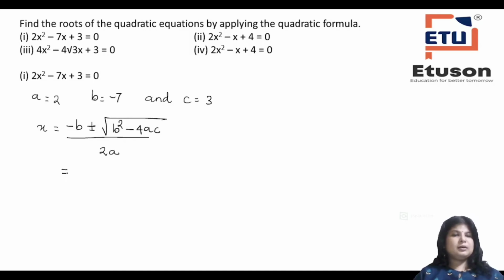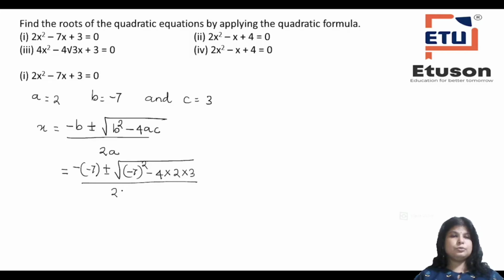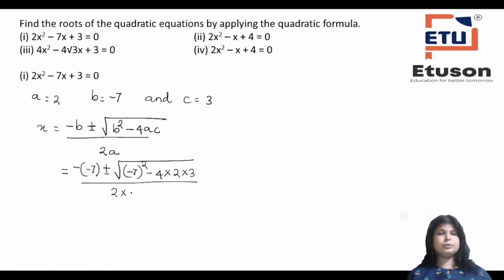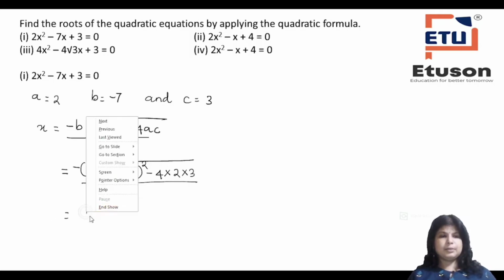Now let us replace b, a and c with the corresponding values. For b it is minus 7. So minus of minus 7 plus or minus square root of b square, that is minus 7 whole square, minus 4 into 2 into 3, divided by 2 into 2, right? So minus into minus 7 is plus 7.